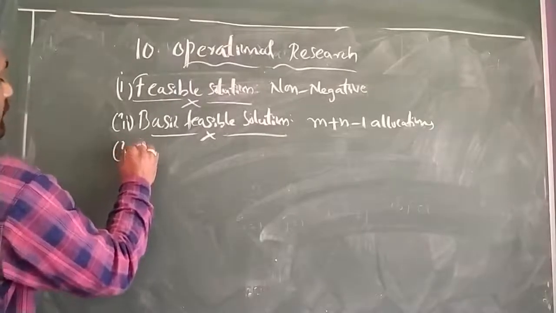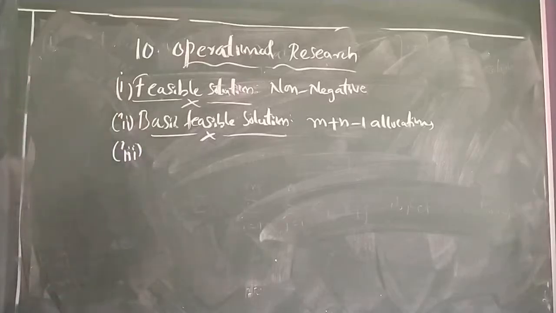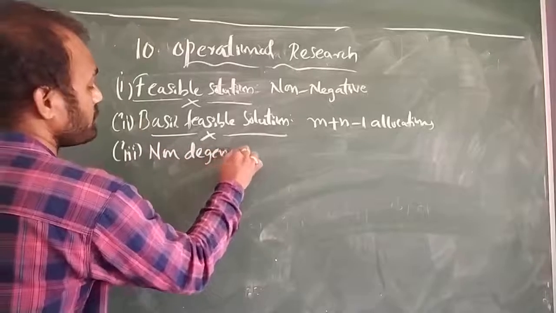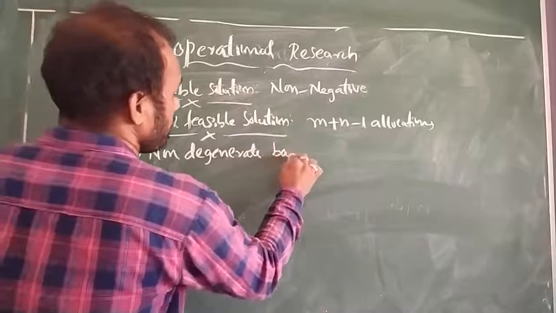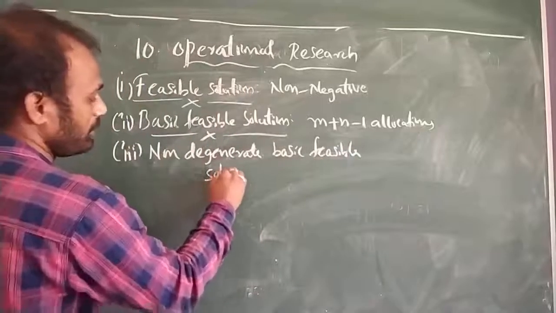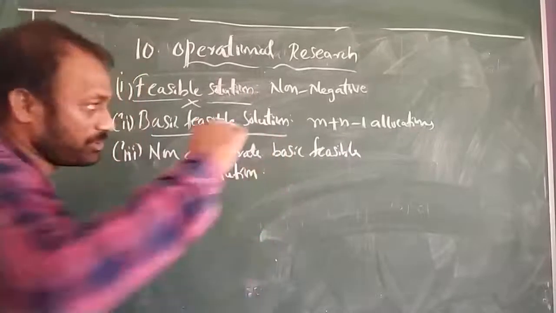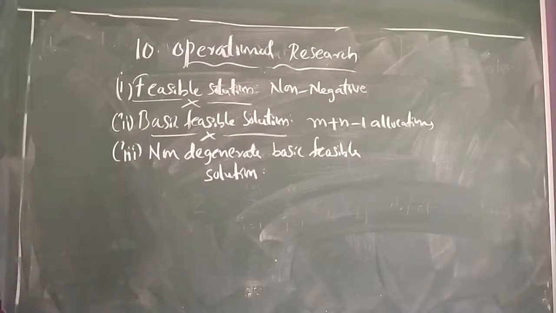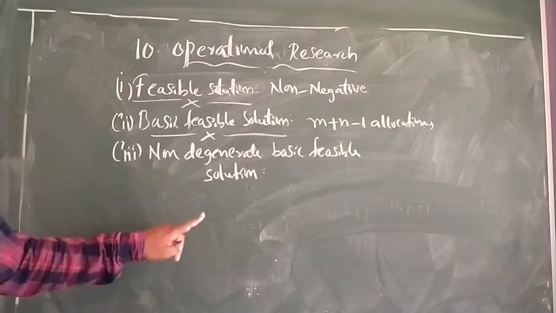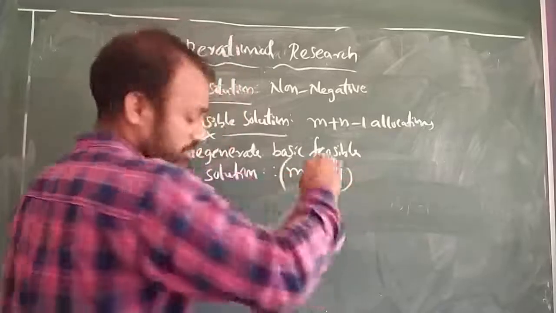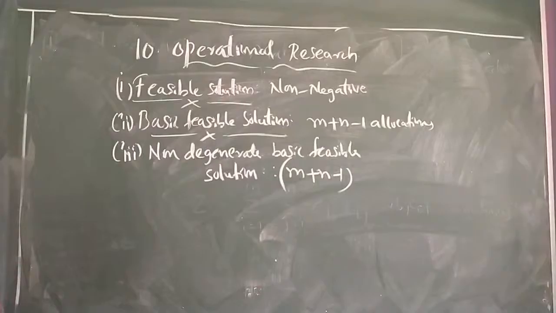So we have to learn these parameters. The third one is the non-degenerate basic feasible solution. It is also a basic feasible solution which contains M plus N minus 1 allocations in independent positions.